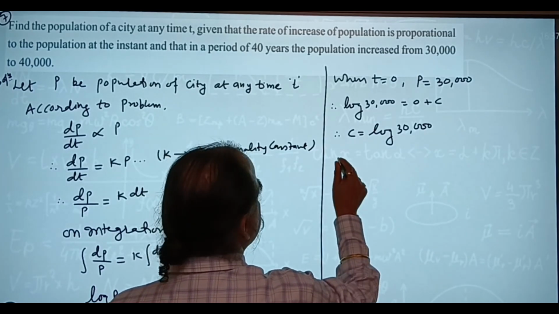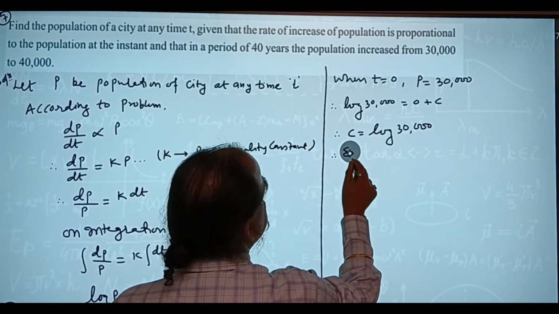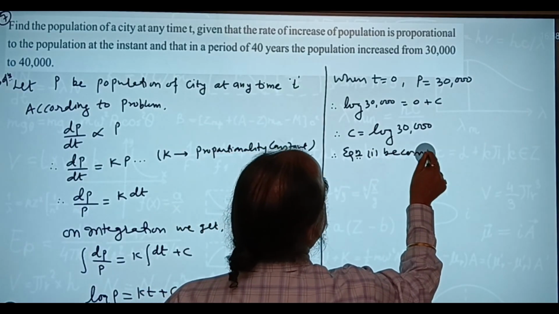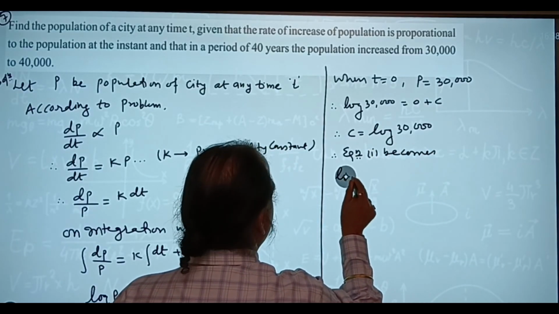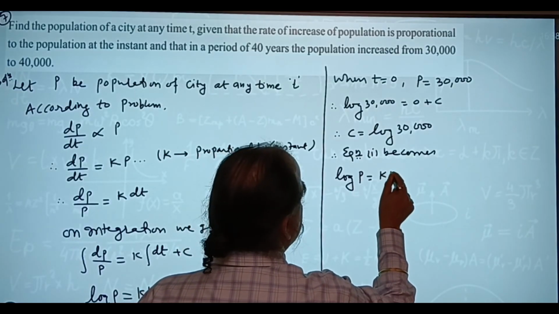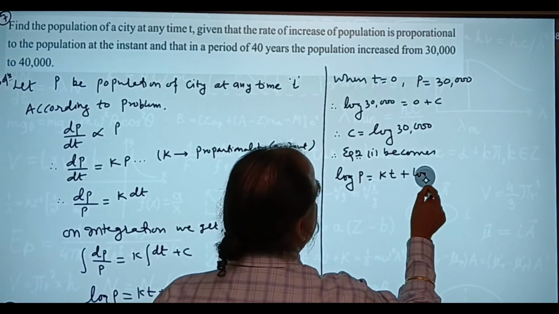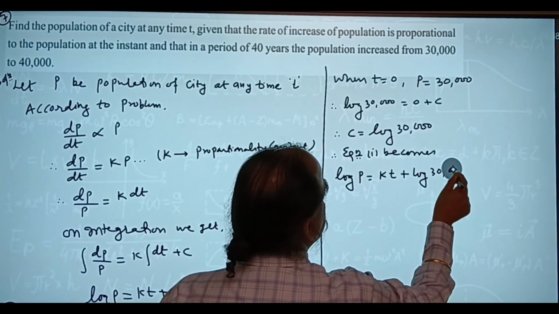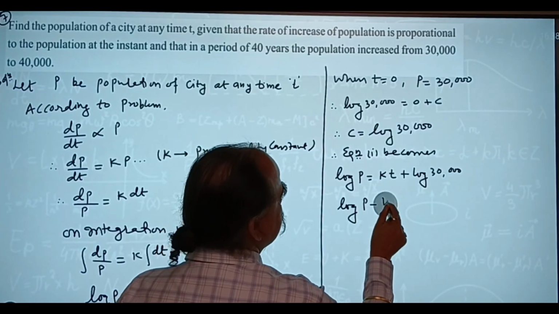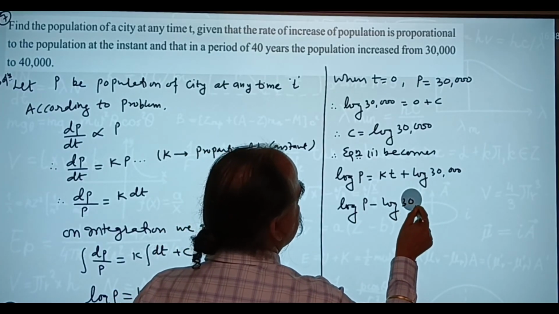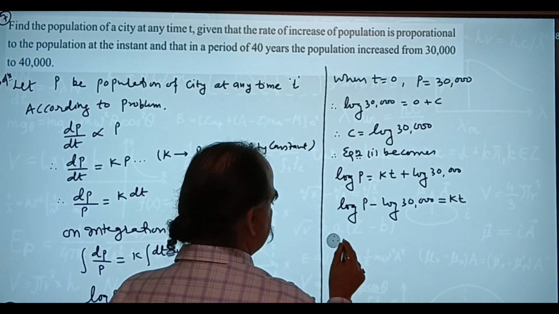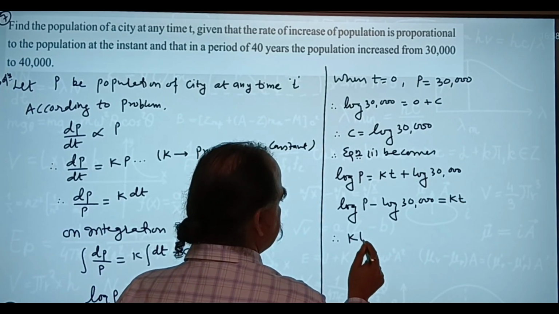Therefore, equation 1 becomes log P is what? KT plus log 30,000. So log P minus log 30,000 is KT.